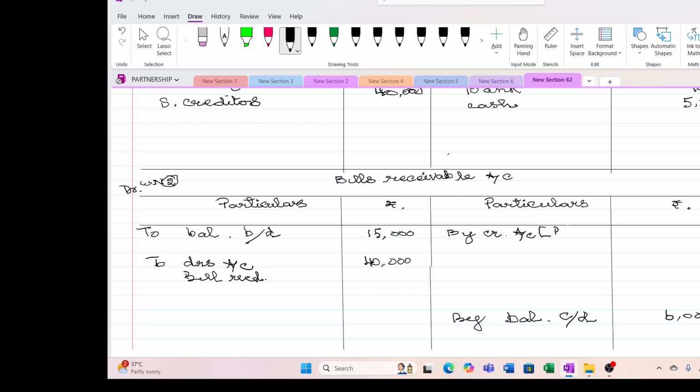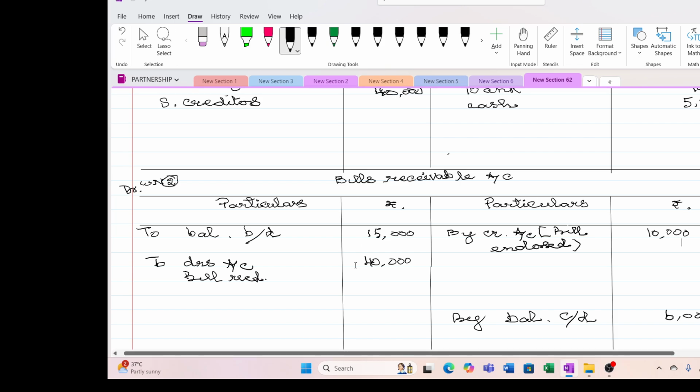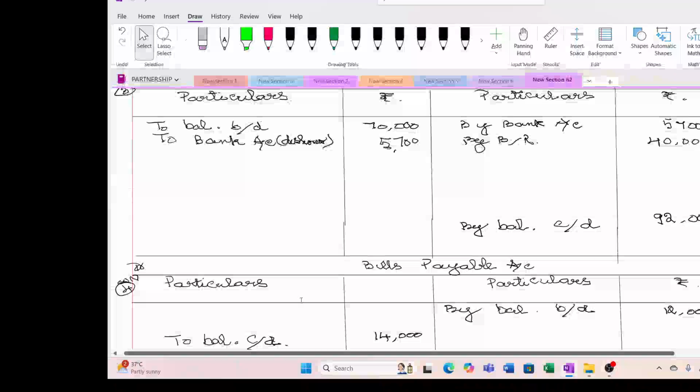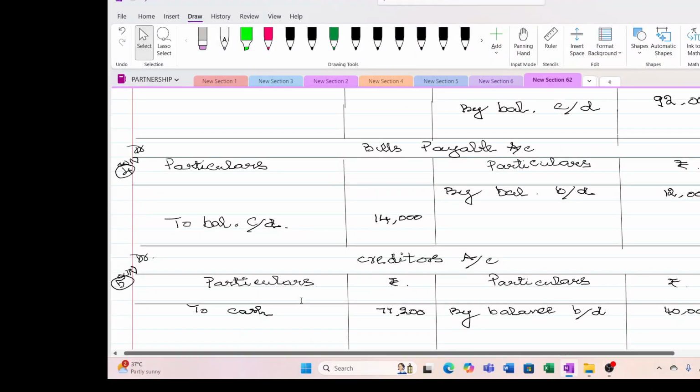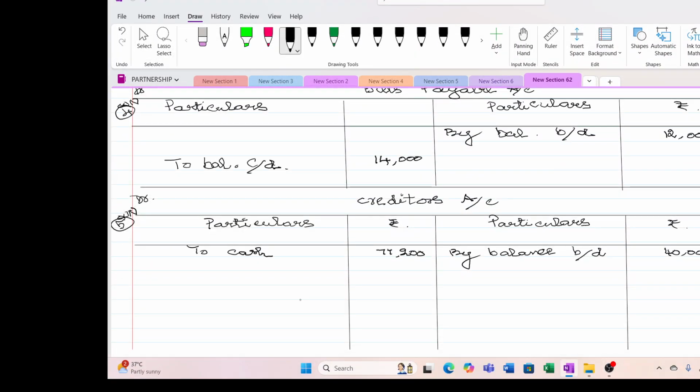You can always write like this, bill endorsed for 10,000. So by giving this bill out, and this creditor is receiving it, he has to be debited to bill receivable account.